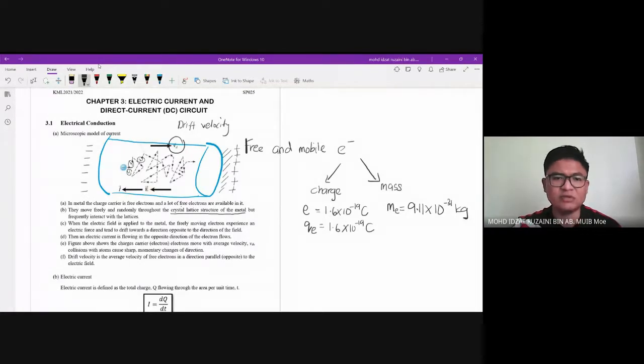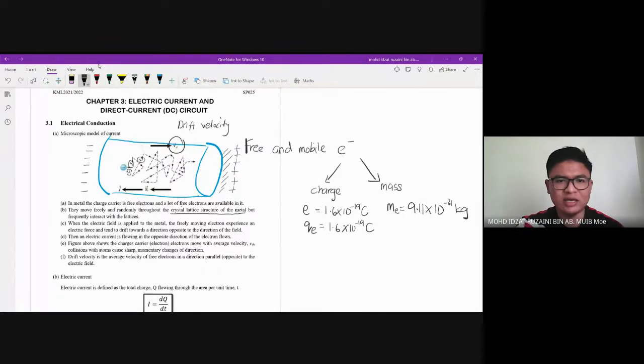drift velocity. Okay, so this movement of the electron ke arah kanan will result in the formation ataupun the existence of the current lah. Okay, so dengan berlakunya pergerakan elektron ke arah kanan itu, maka terhasillah current ke arah kiri.